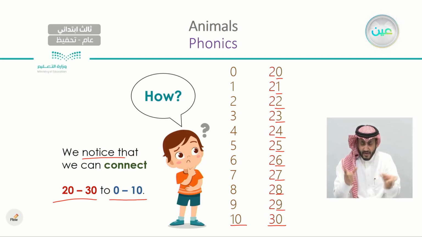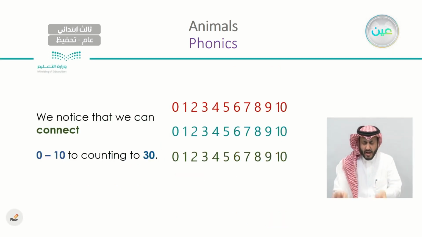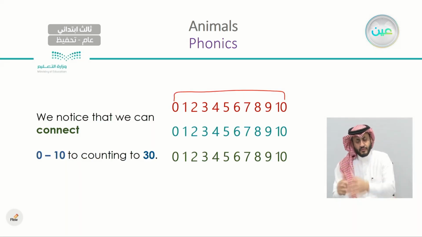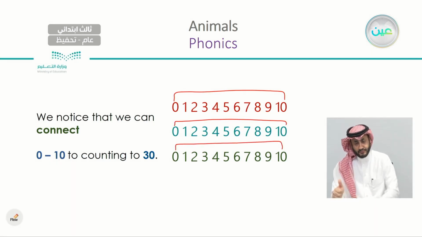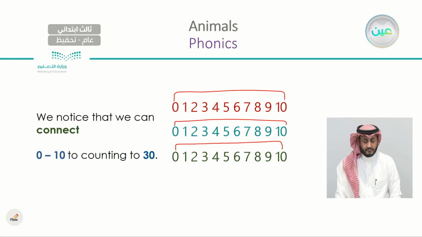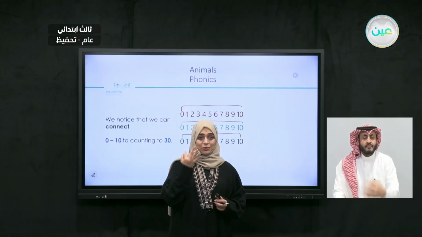Now we're going to look at this in a different way. Now look at these 3 sets of numbers. Here we have from 0 all the way until 10. Here we have from 0 all the way to 10, 0 all the way to 10. How many 10s do you see? 3.